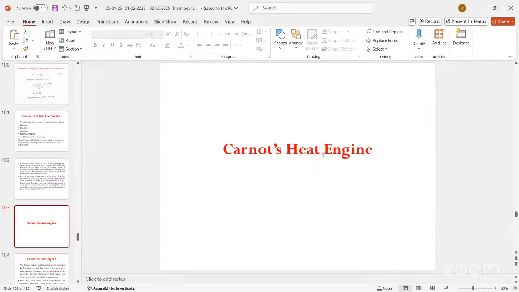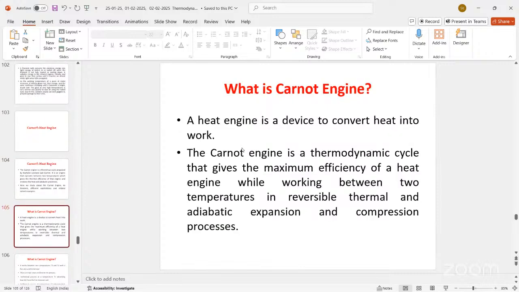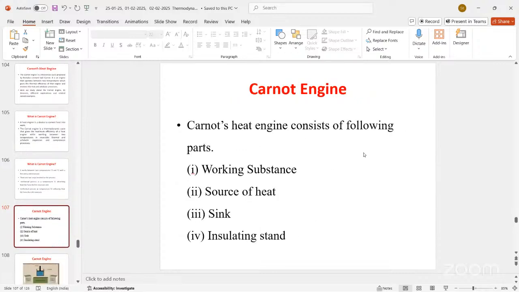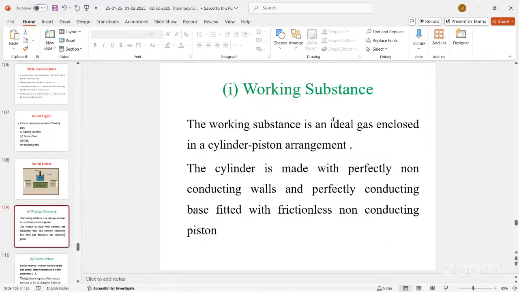Today we discuss the Carnot heat engine: how it works and what the Carnot engine is. It works between T1 and T2, a hot and a colder reservoir. A heat engine mainly consists of four parts: working substance, source of heat, sink, and insulating stand. This is hot and this is cold; heat transfers from here to here, and this is the working substance.